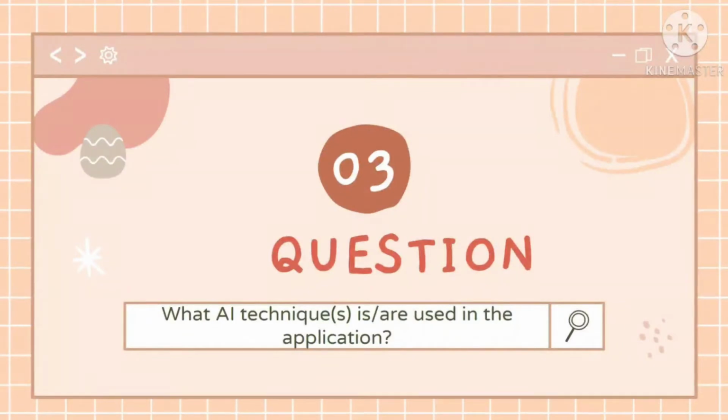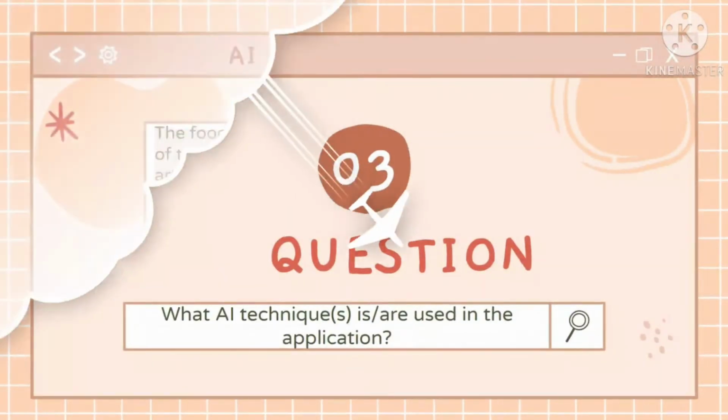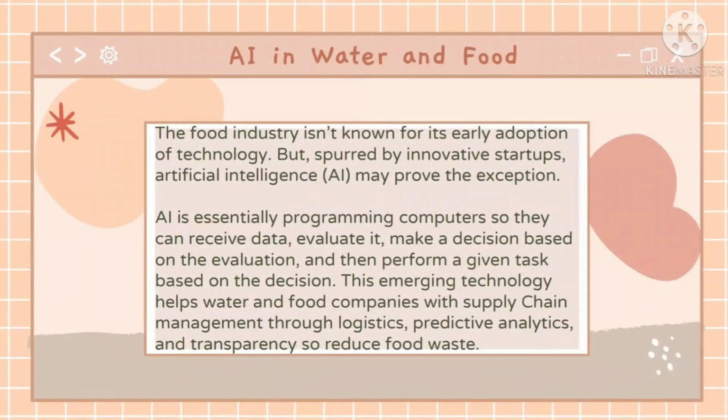What AI techniques are used in the application? AI in water and food. The food industry is not known for its early adoption of technology, but spurred by innovative startups, artificial intelligence may prove the exception.